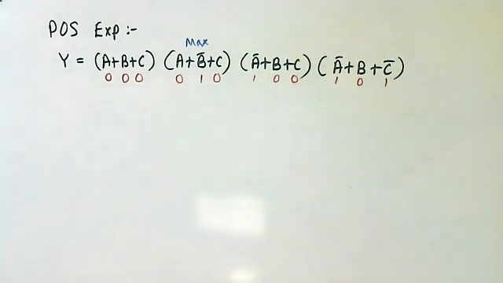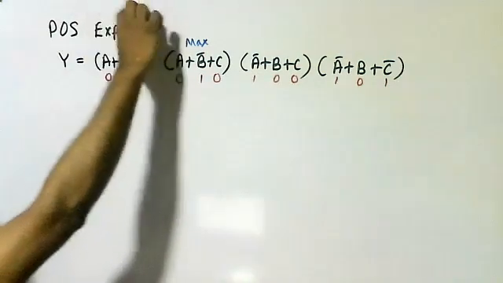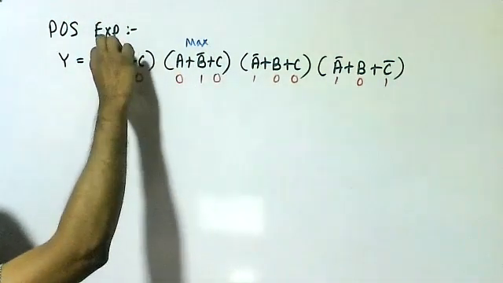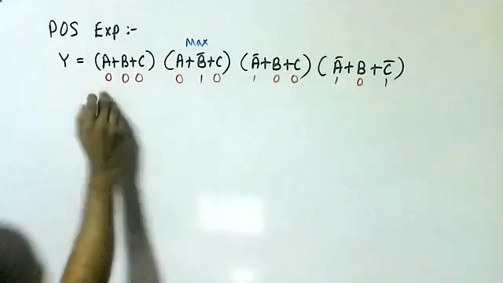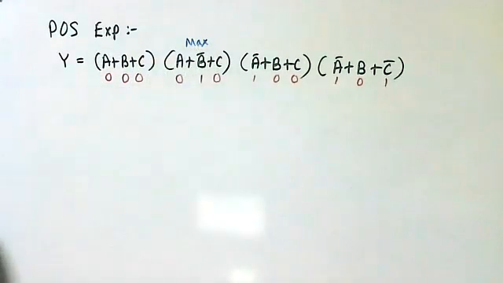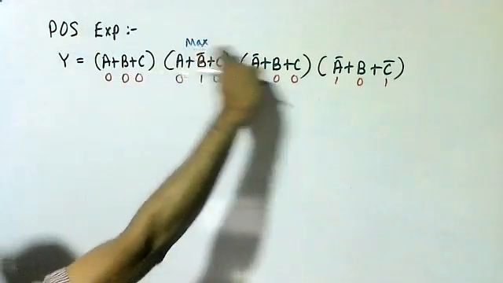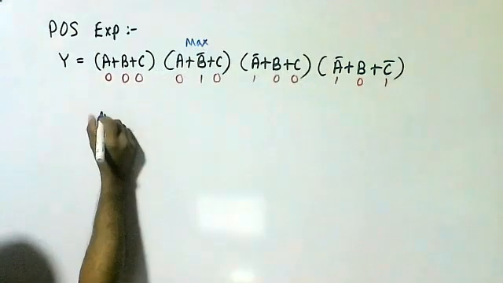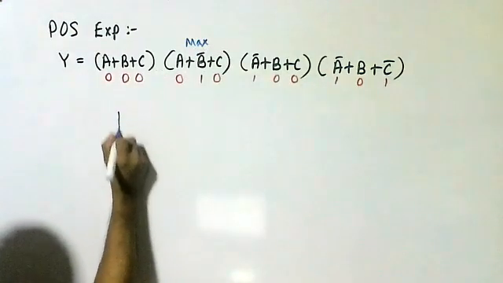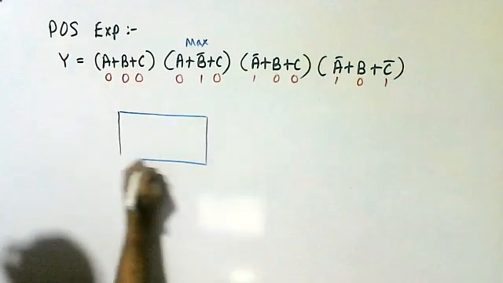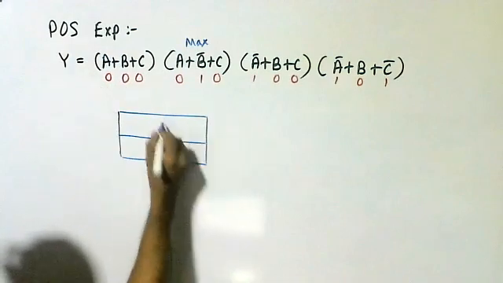Yes, sir. Right. We are having a POS expression, not a SOP expression. This is different. In SOP the direct variable is taken as 1 and the complement as 0, but this is a POS expression, product of sums, and we are having max terms. Now I am going to mark zeros in a Karnaugh map to simplify this.